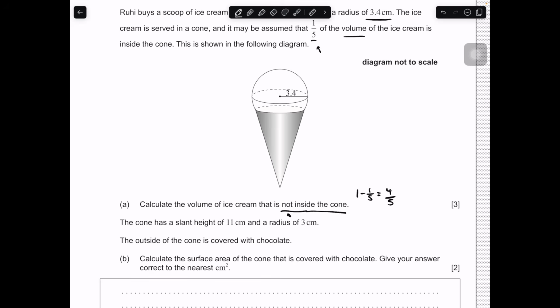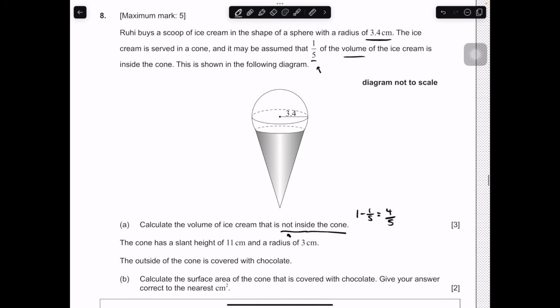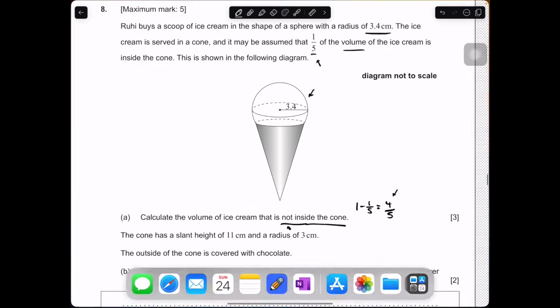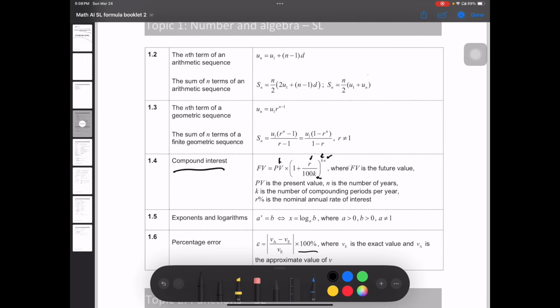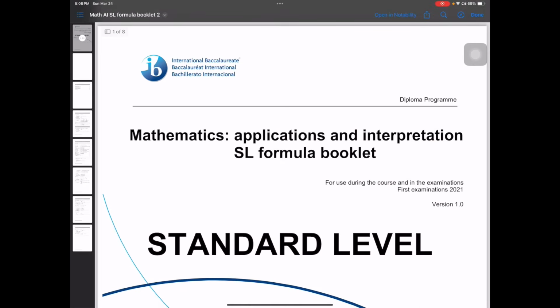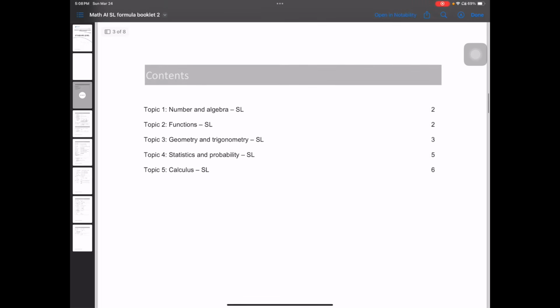So for the volume of the ice cream that's not inside the cone, essentially our ice cream is just a sphere, so we need to calculate the volume of the sphere and then multiply it by 4/5, because 4/5 of it is not in this cone. Let's go ahead and look at the formula for the volume of a sphere. Going into geometry topic 3.